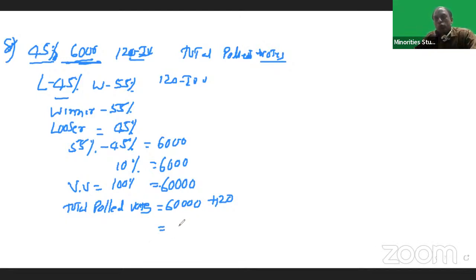Total polled votes is equal to 60,000 plus 120, which is 60,120. Next one. Next question.